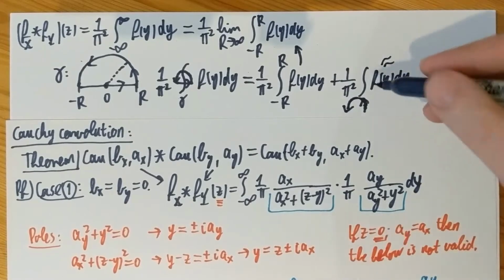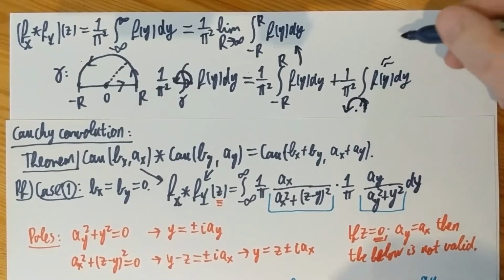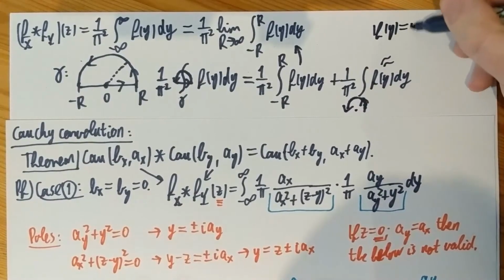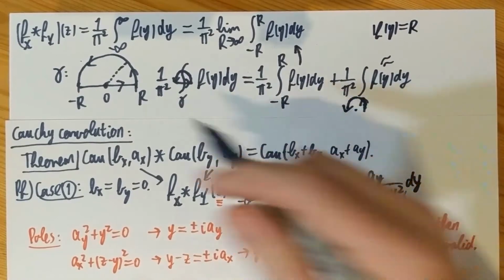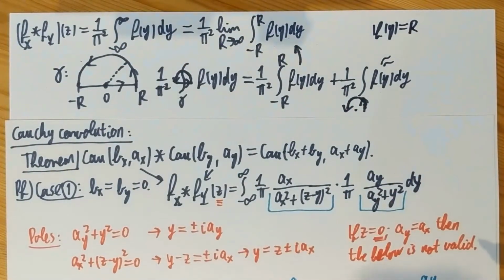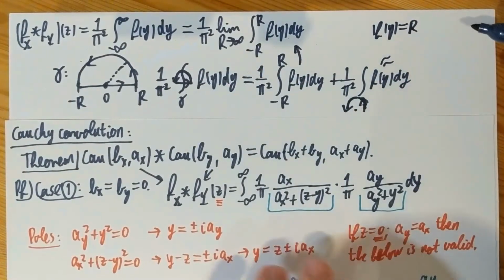For large y's, if the modulus of y is r, which it is on the circle, we're on the semicircle here, so the complex absolute value of y is r, and r is going to be large, so I'm taking this large.